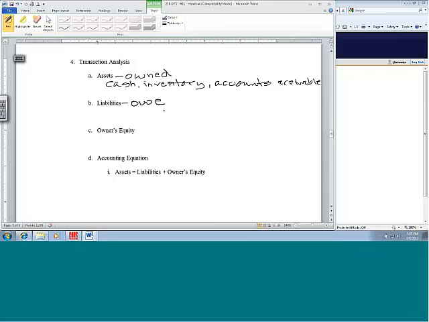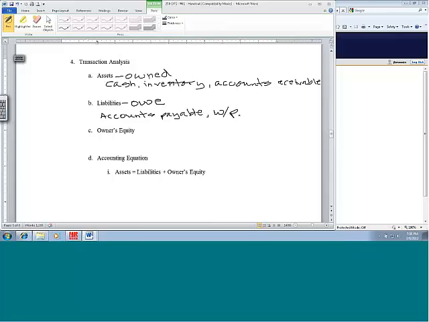So liabilities include accounts payable, wages payable, and I'm going to abbreviate that, WP, wages payable, mortgage payable, bonds payable, notes payable. Just about anything that ends in payable is going to be a liability. So that's not a hard and fast rule, but it'll work for you 90% of the time.